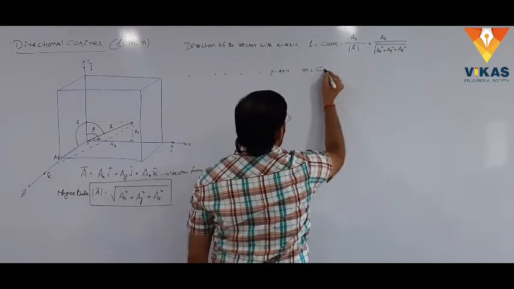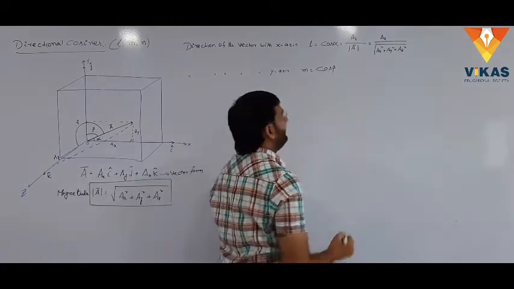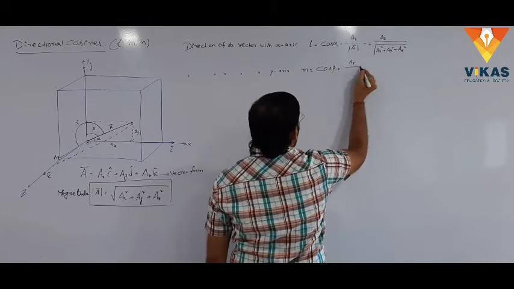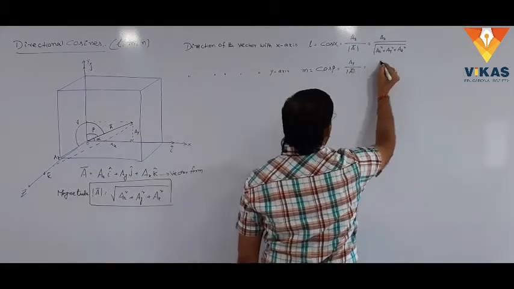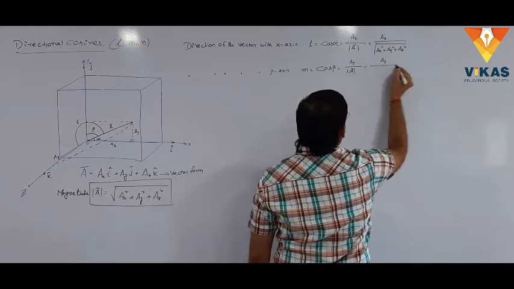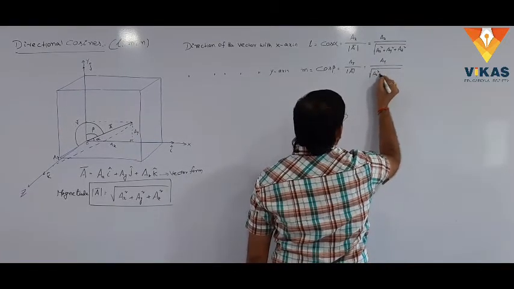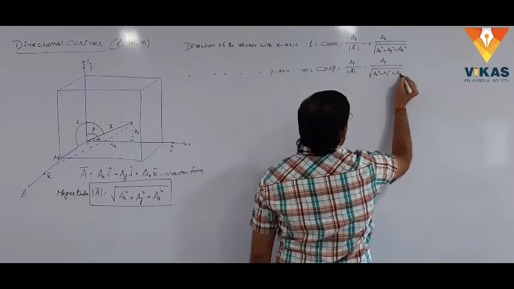Similarly, that is cos beta, the angle made by the vector with y-axis, equal to ay by a bar modulus. Simply, this is ay by what is the a bar modulus here? That is root over ax square plus ay square plus az square.